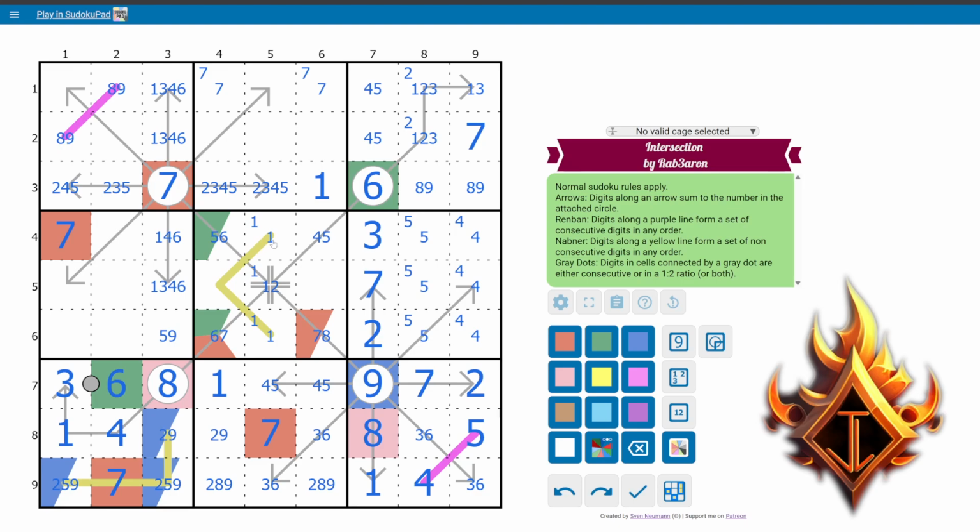So will it be 139? Maybe. 3 goes in this little area.